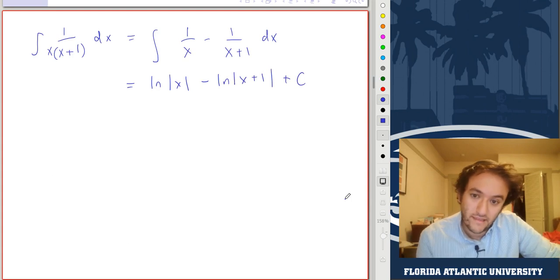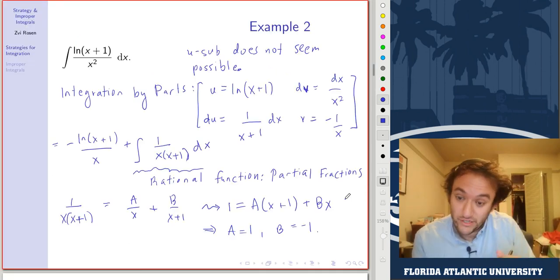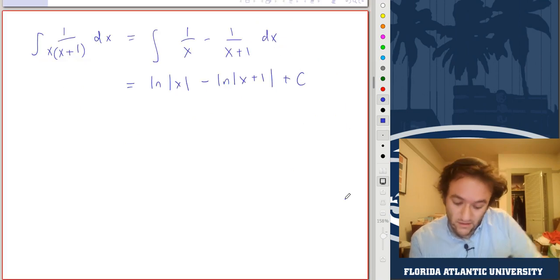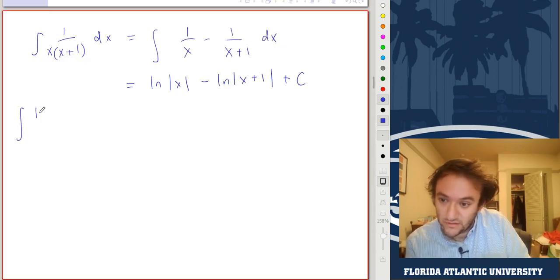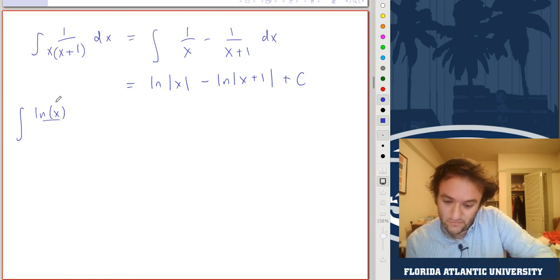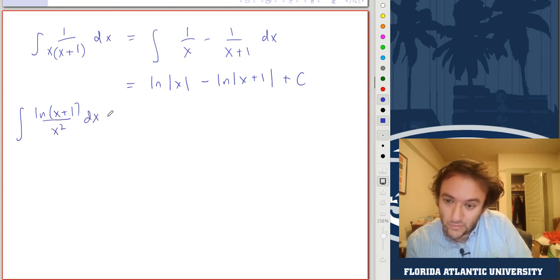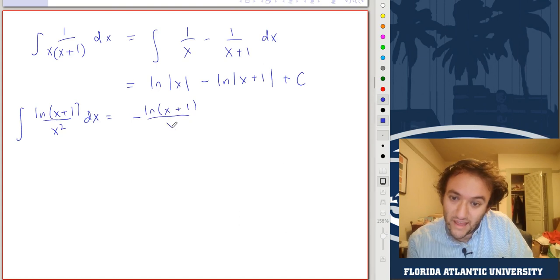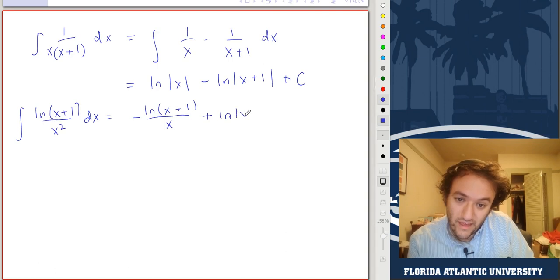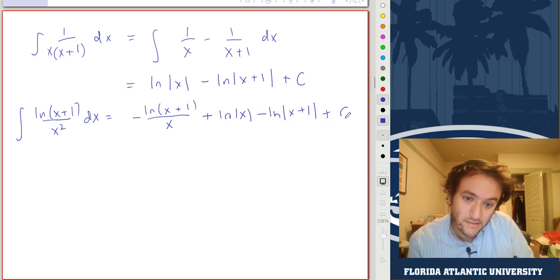Okay? And plugging that into the integration by parts formula we find that the original integral, which was the integral of ln of x plus 1 divided by x squared dx, will be equal to minus ln of x plus 1 over x plus ln of x minus ln of x plus 1 plus c.